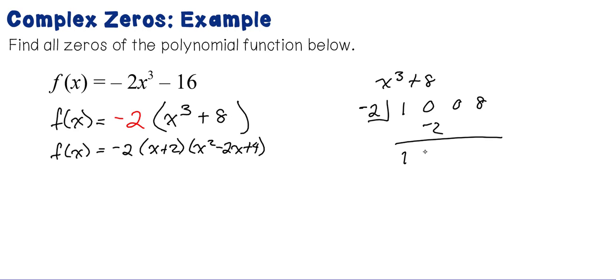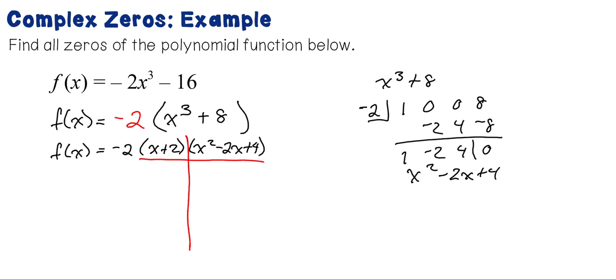Factor it out. +4, -8, 0, and that would leave us with x squared minus 2x plus 4. So you can either use the rules that you learned in Algebra 2 to split out a trinomial, or you can use synthetic division to break it down. So at this point, then we can go back and figure out our factors.